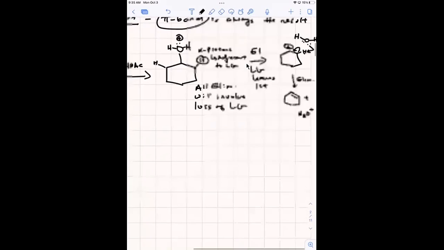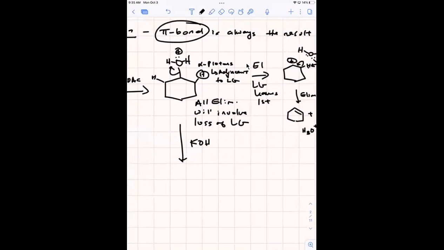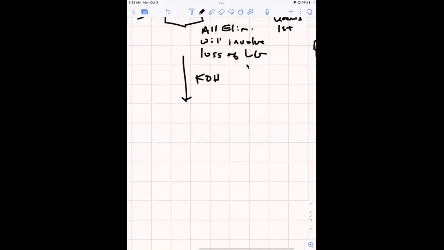Right now, if I took this and I added in a strong base like KOH, now I'm going to redraw these. That plus, and that, right?